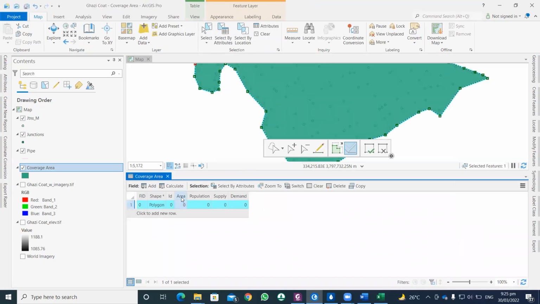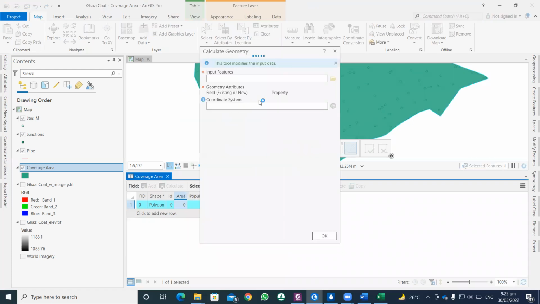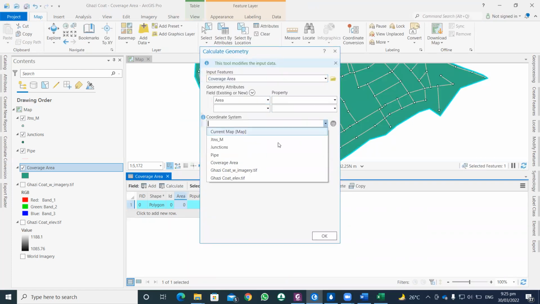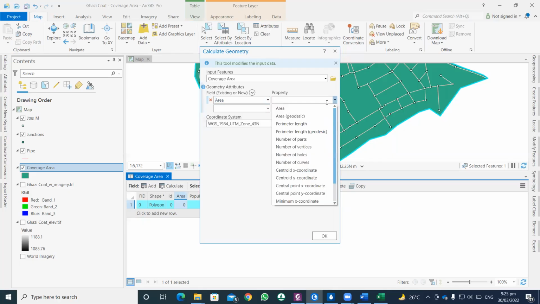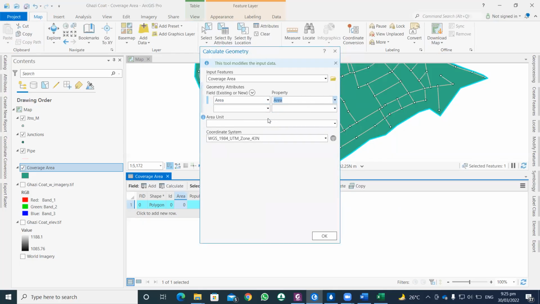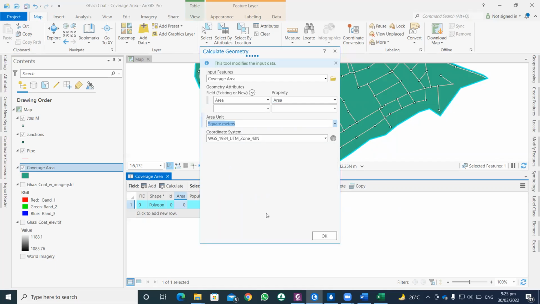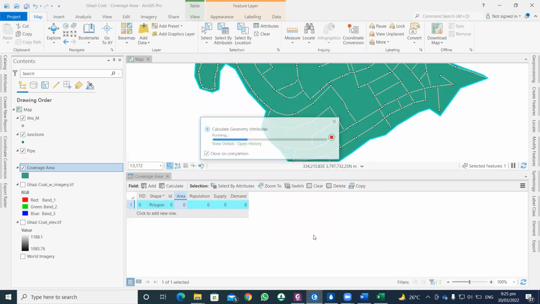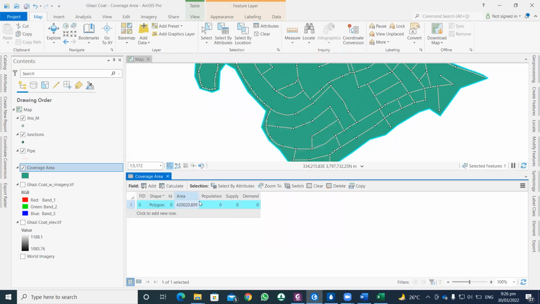First of all, I will calculate the area of that polygon. Going to calculate geometry, using the specific zone, area. Area unit should be in square meters. Then okay. So it will calculate the whole area.